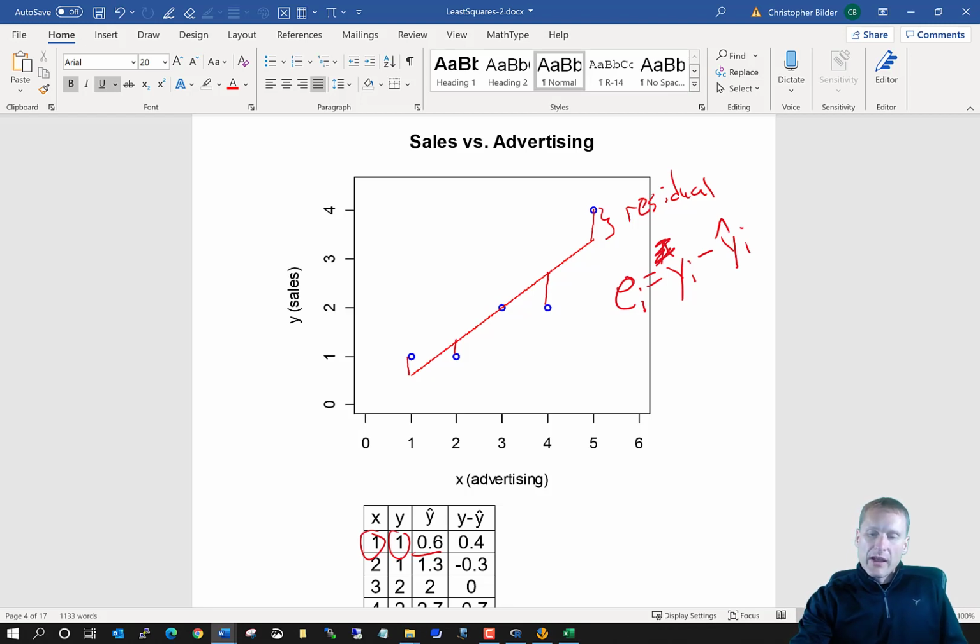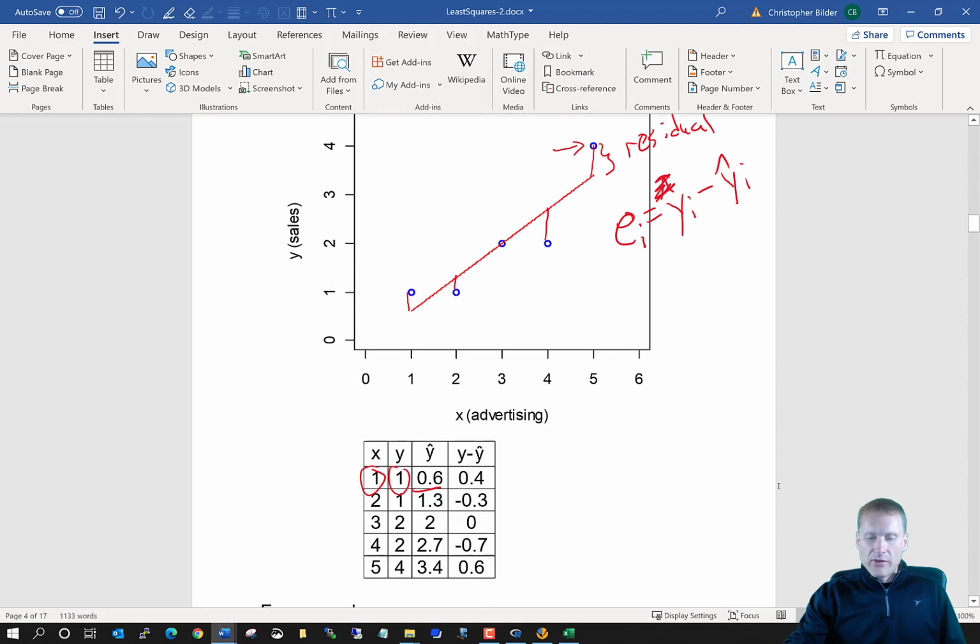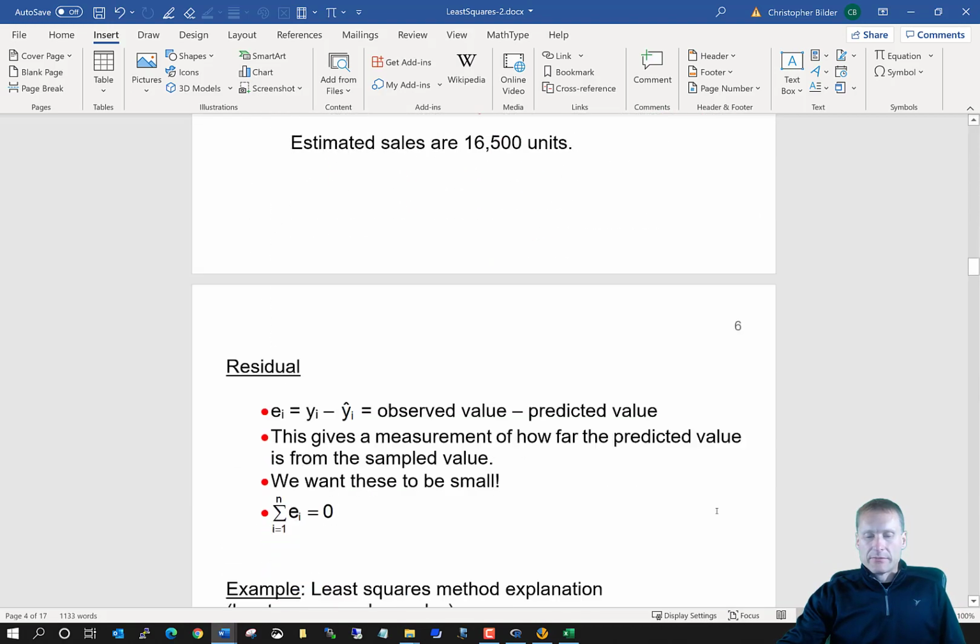In this particular case, we can see that my point is above the line, so that means my residual will be positive. In fact, that residual ends up being 0.6. When y was 4, y hat's 3.4. This is all at x equal 5. So my residual is 0.6. Okay, so this is top of page 8.